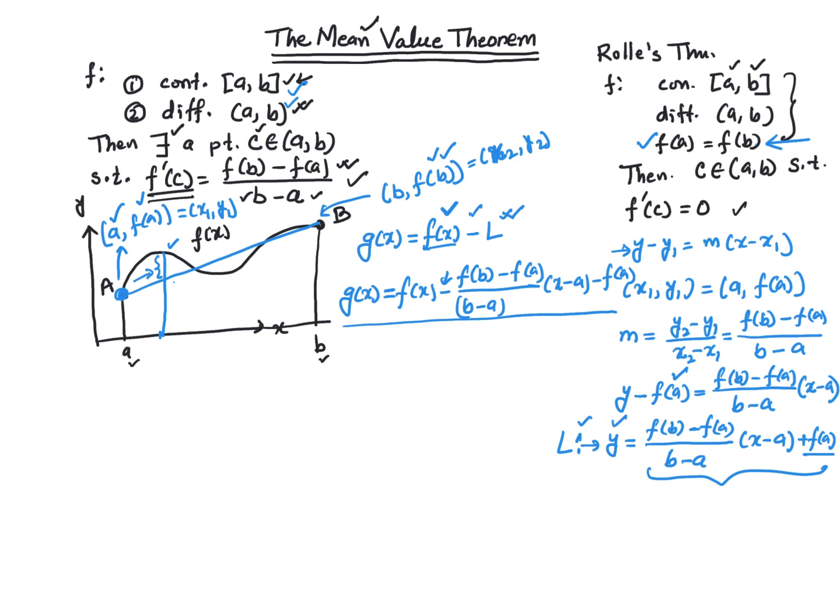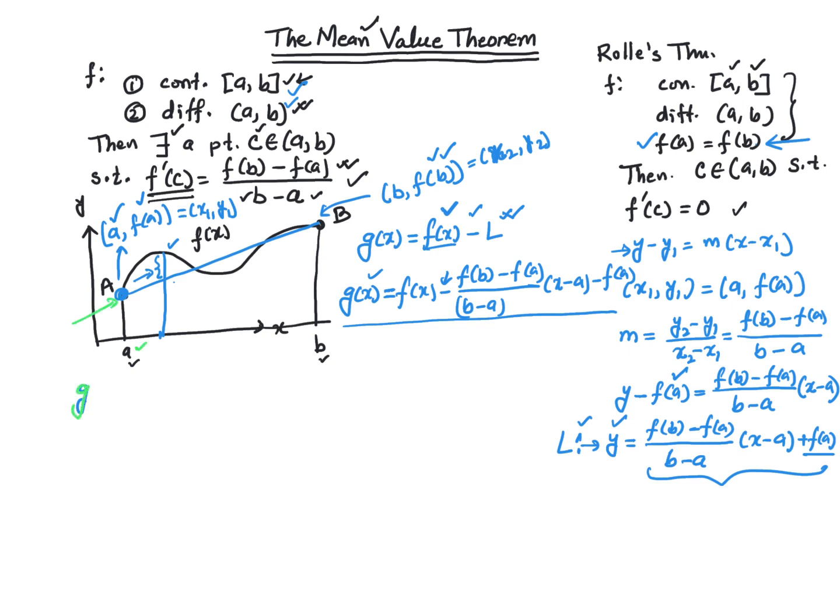So having said that, now look at this function g. A couple of interesting observations. What is g(a)? So that means what is the value of this function at this point a.